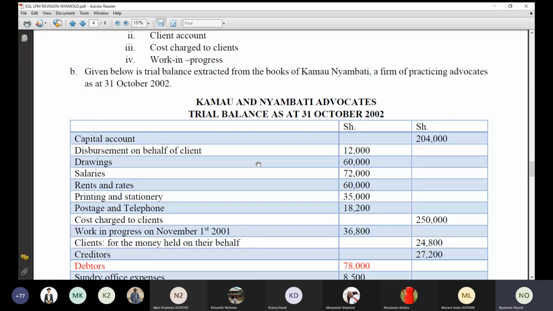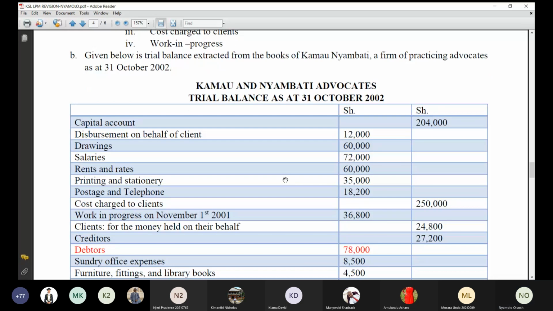So then part B, which is what we are interested in, that given below is a trial balance extracted from the books of Kamau Nyambati, a firm of practicing advocates, as at 31st of October 2001. Capital account 204,000. Disbursements on behalf of clients. We said you can be paying on behalf of clients. That is an asset. Drawings. By now, if you know drawings, you already know where that adjustment is going to come.